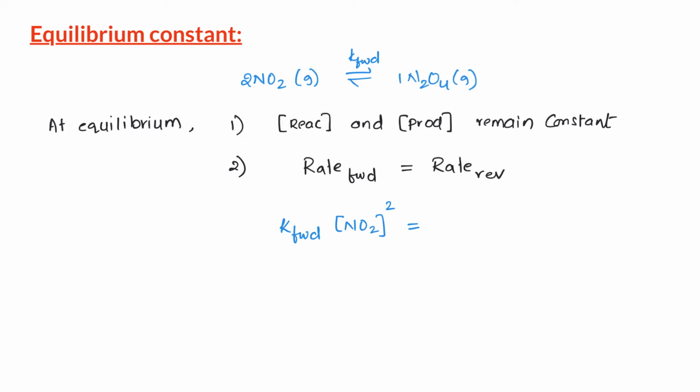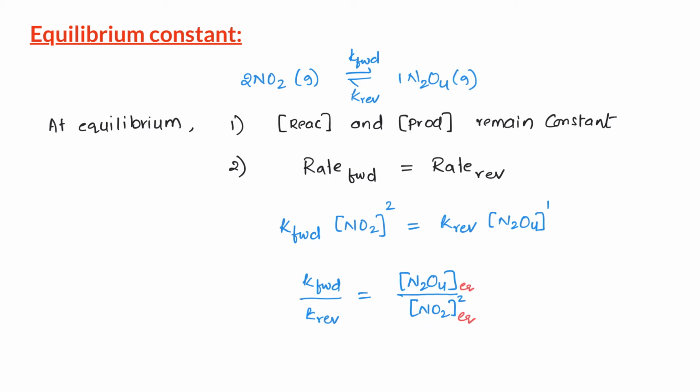In the same way, the rate of reverse reaction can be written as K reverse times concentration of N2O4 to the power 1. If we simplify this, we get K forward over K reverse is equal to the concentration of N2O4 divided by the concentration of NO2 to the power 2.